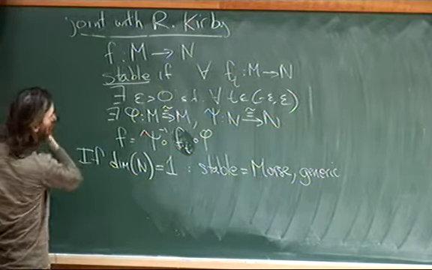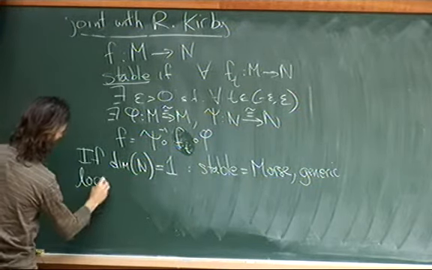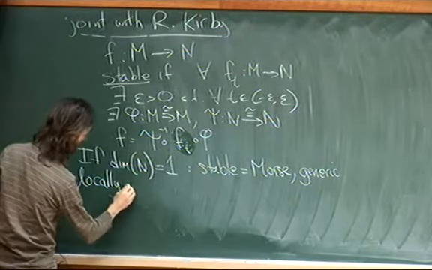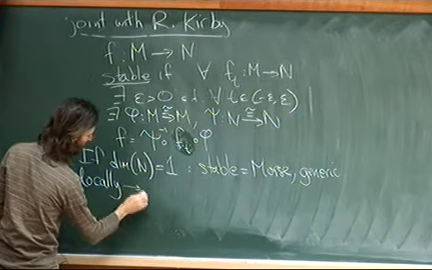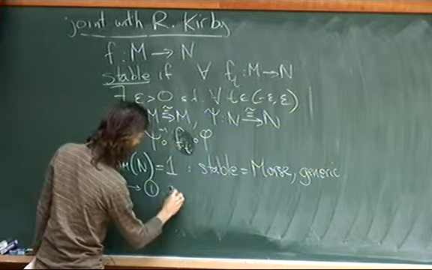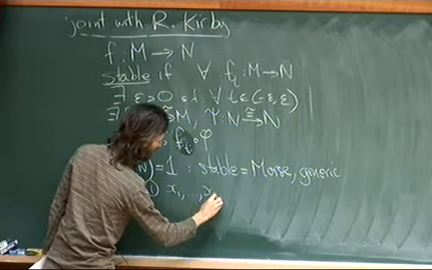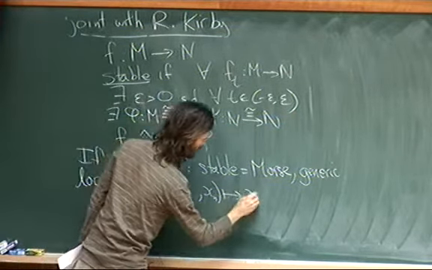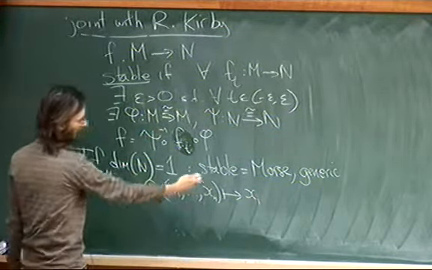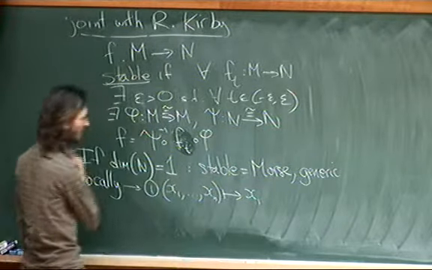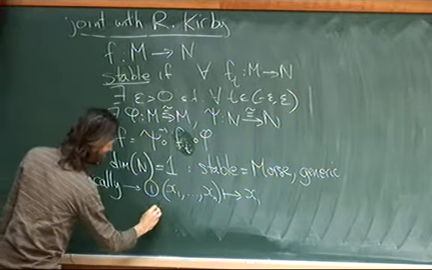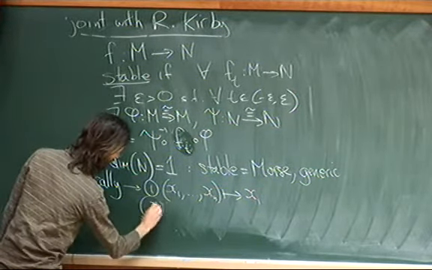And then locally stable maps, we know what Morse theory is. So locally, when dimension N is 1, the maps look like you have two models. One model is that x1 up to xn maps to just x1. This is a neighborhood of a regular point. You can always find coordinates in domain and range if the dimension of the target space is 1. I'll talk about dimension 2 shortly, right? Or you have a local model, what I'll call 2 sub k.